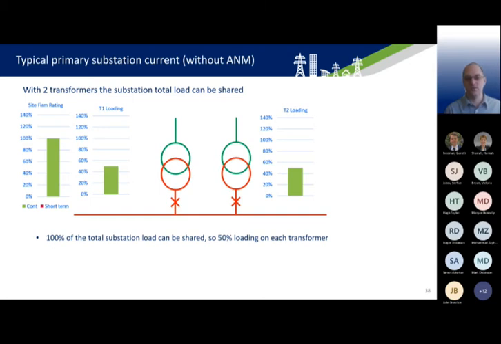At the moment, we would design the system so that the 2 assets together would run at 100% capability across the site. But actually that means that we're sharing the demand equally, or the generation equally, across the 2 transformers. So actually we're only running them at 50% each per transformer.